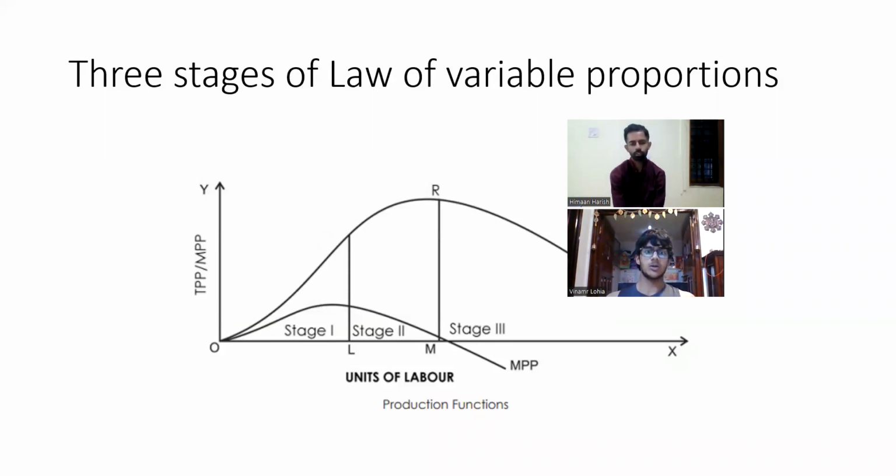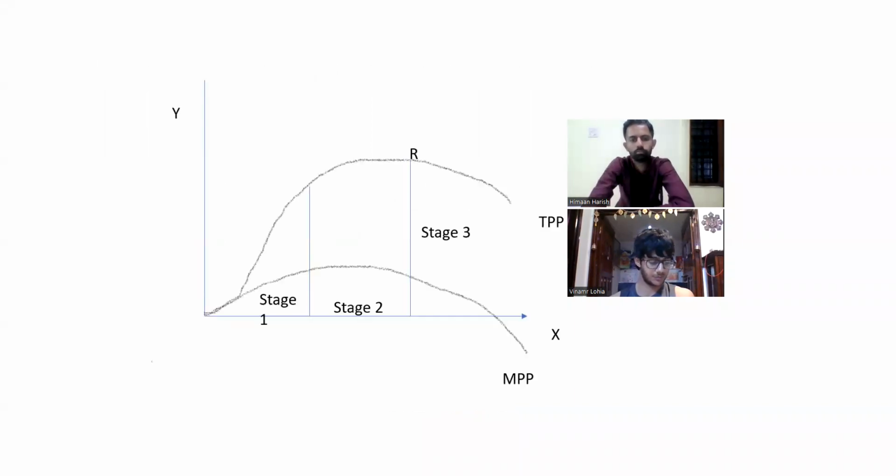So this is stage one, stage two, and stage three. Basically this graph is the whole chapter, right? So if you get this, you've got the whole chapter, correct? Yes. This was the same graph in the notebook, right?